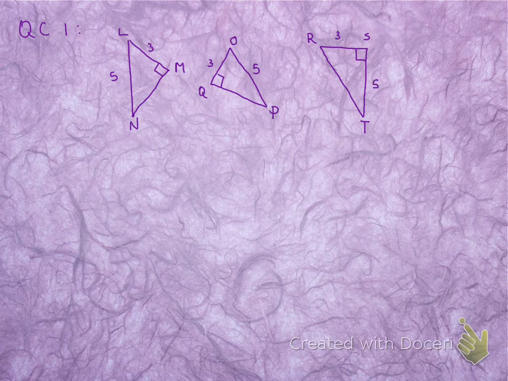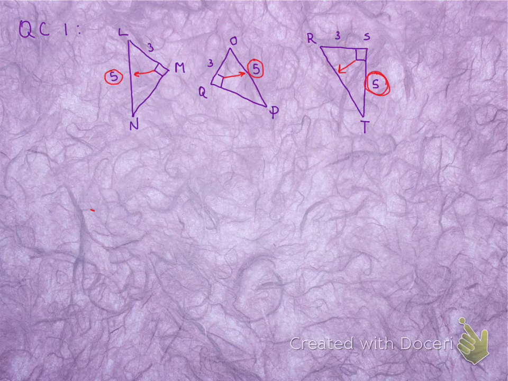What we're going to do, because the easiest part to identify in each one of these is the hypotenuse, is look at them. It looks like in triangle LMN, the hypotenuse is 5. It looks like in triangle QOP, the hypotenuse is 5, but the hypotenuse in triangle SRT is not 5.